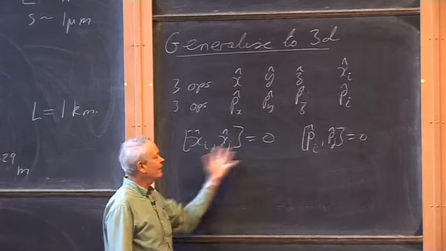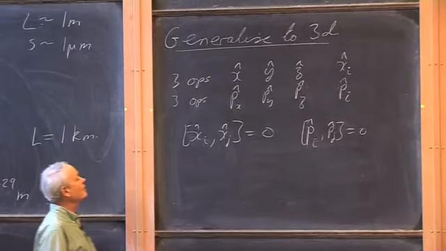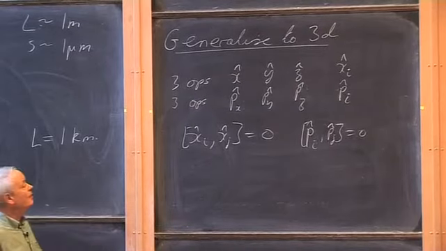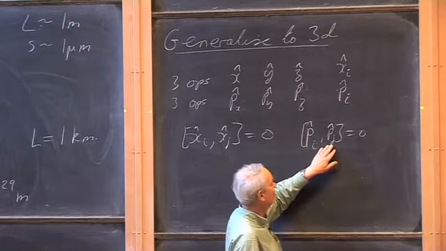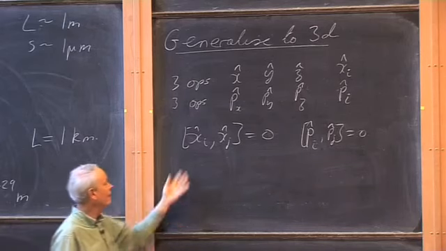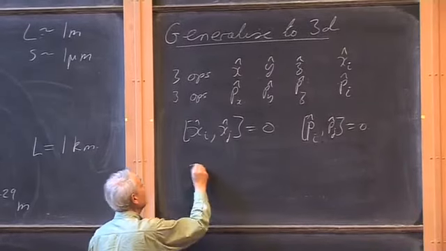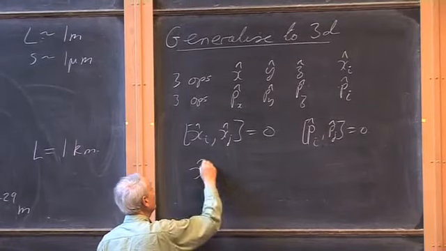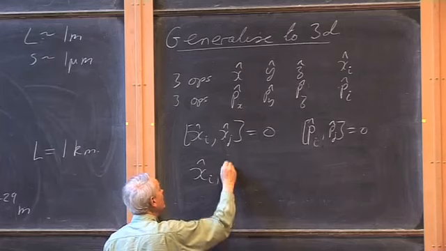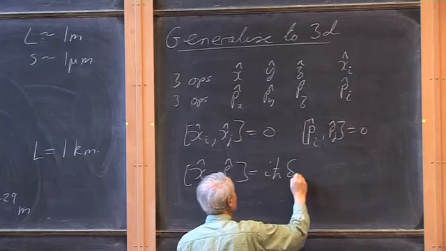There's a complete set of eigenstates where you know all those 3 simultaneously, or you can know all 3 components of momentum. And the only other interesting thing we have is that the commutator of x_i with p_j is i h bar delta_ij.